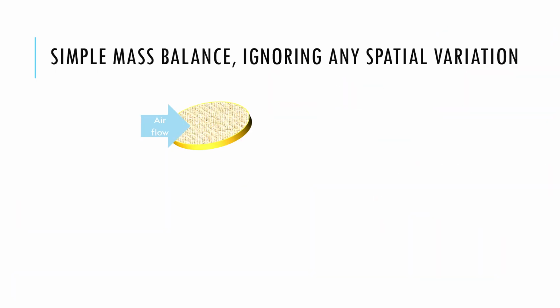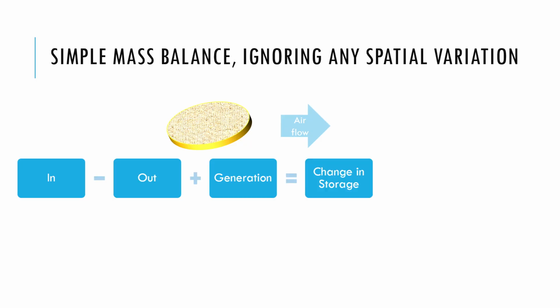That simple equation is now derived here using a simple mass balance. So consider a thin slice of potato with airflow over it, for which we are going to do a mass balance. Our mass balance always is written as in minus out plus generation is change of storage.